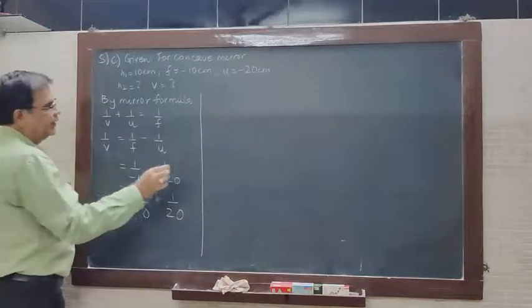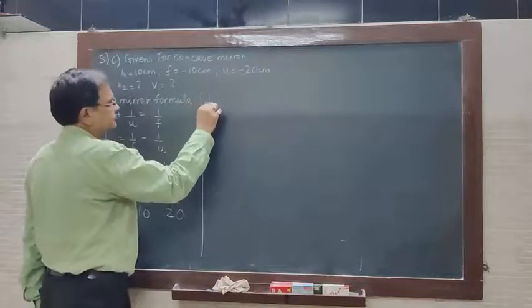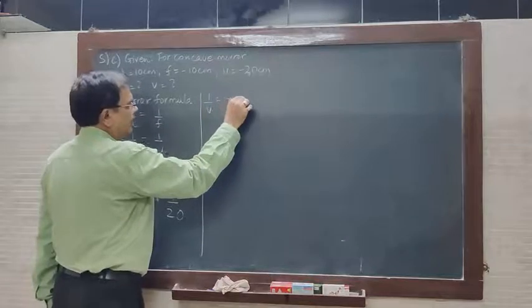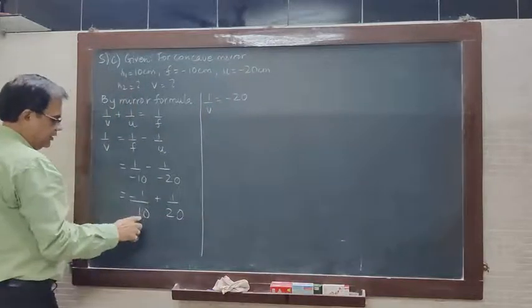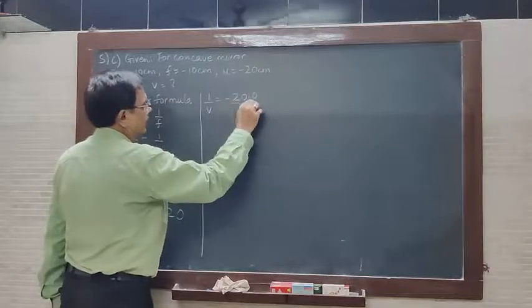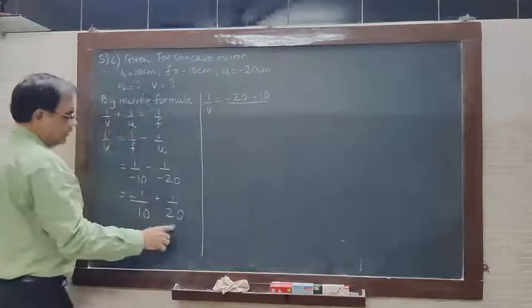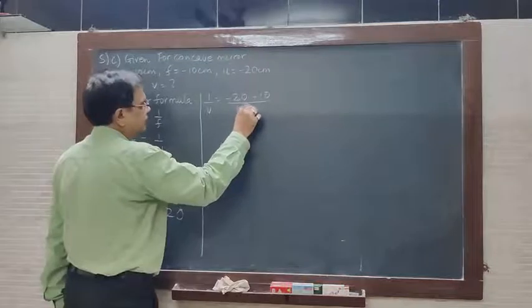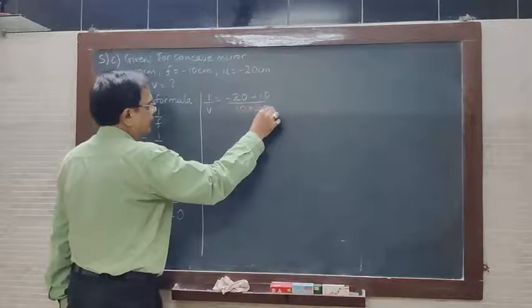Cross multiply, 20 ones are 20, 10 ones are 10 upon 10 into 20.